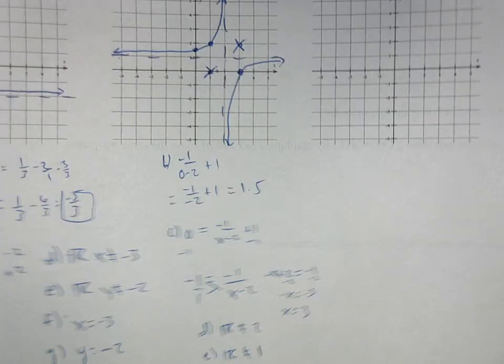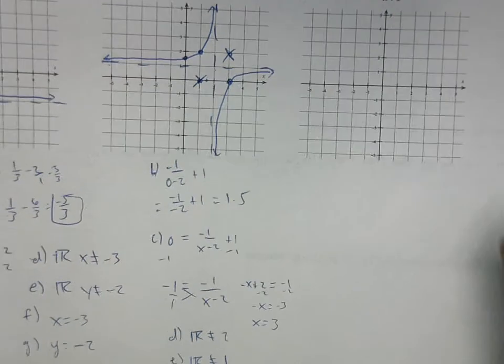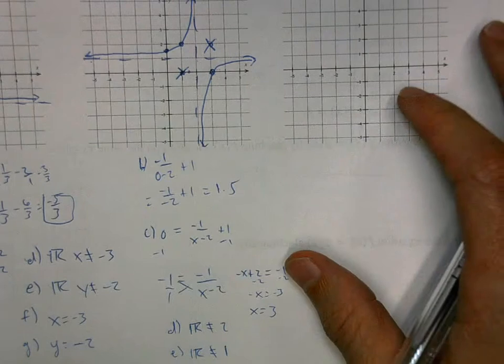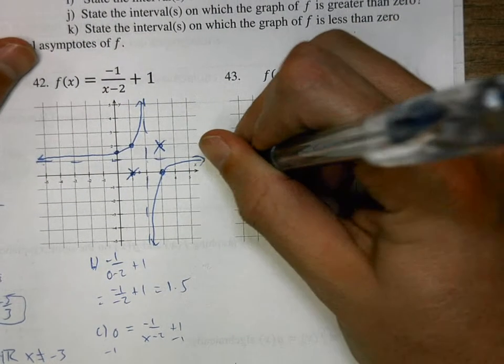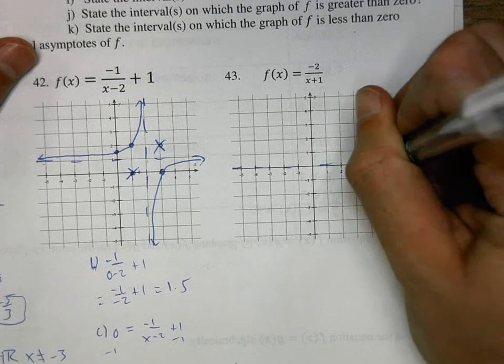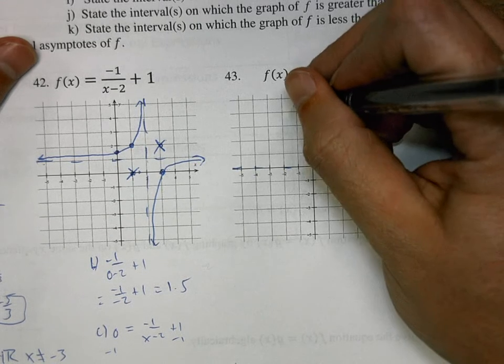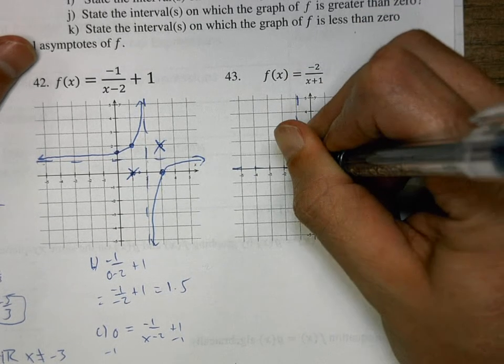For 43, there is no horizontal asymptote, or it's at 0, and our vertical asymptote is at negative 1. But this says negative 2, so this means we're in quadrants 2 and 4.